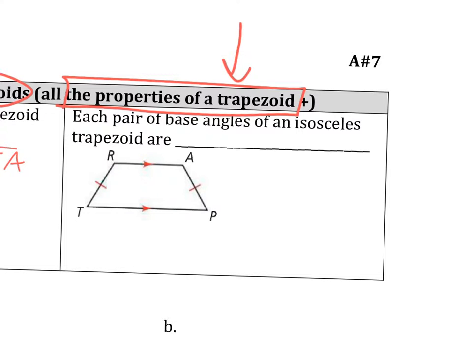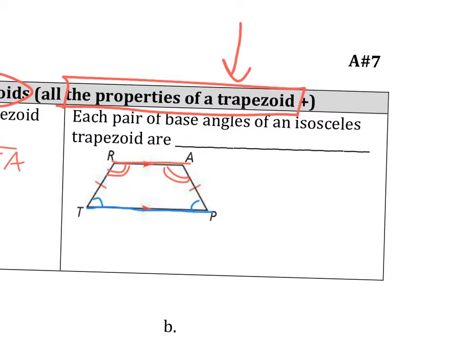So we define base angles. So this is a base right here. So angle T and angle P are base angles. And RA is a base, so that means angle R and angle A are base angles, and they're congruent. Notice what we're not saying. We're not saying a base angle from here and a base angle from here are congruent. If that were the case, this would end up being not a trapezoid.